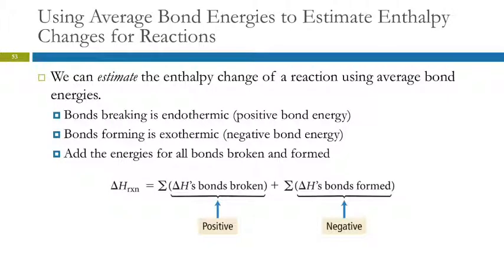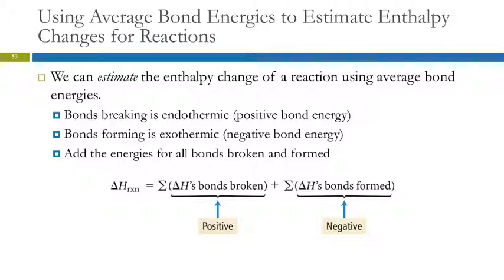Well, how can we estimate enthalpy changes using bond energies? Well, if we break a bond, that's an endothermic process, right? So we just looked at that table. It tells us how much energy has to be put in to the molecule to break a bond. So energy is stored in that bond, and to get it out, we have to break the bond.